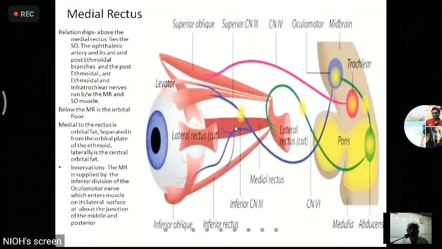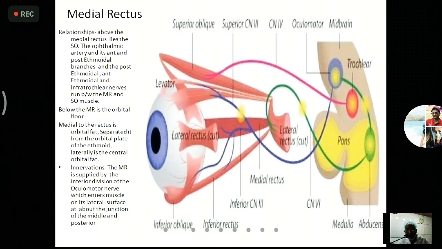Memorize this figure: inferior division, not superior division. Sometimes it comes in MCQ exams, both for the FCPS part one and the written examination in admission tests. Medial rectus is supplied by the inferior division. Remember this figure. Okay, which enters the muscle on its lateral surface.